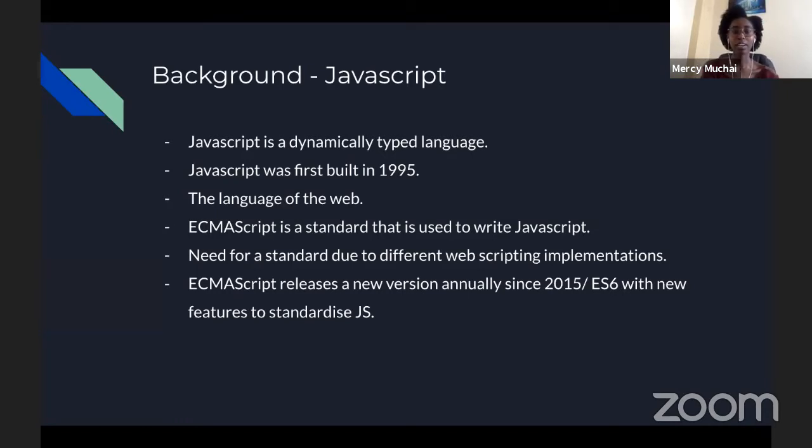Most people who do web development have worked with JavaScript. JavaScript is based on ECMAScript, which is a standard that is used for web scripting implementation. And we have ECMAScript versions, known as ES, every year since ES6 in 2015. The first ES version was in '97.